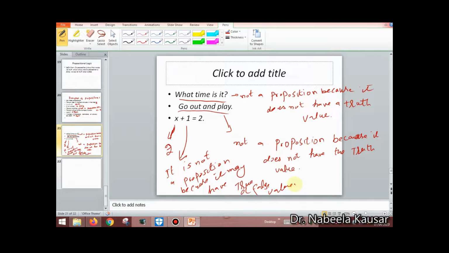So any sentence is not a proposition when it may have true or false value, but a sentence is a proposition when it has either true or false value. And a sentence is not a proposition when it doesn't have any truth value, like this and this sentence.